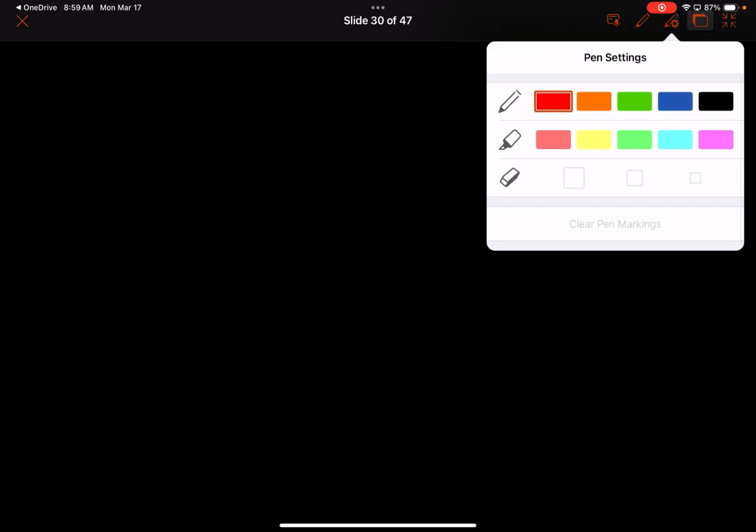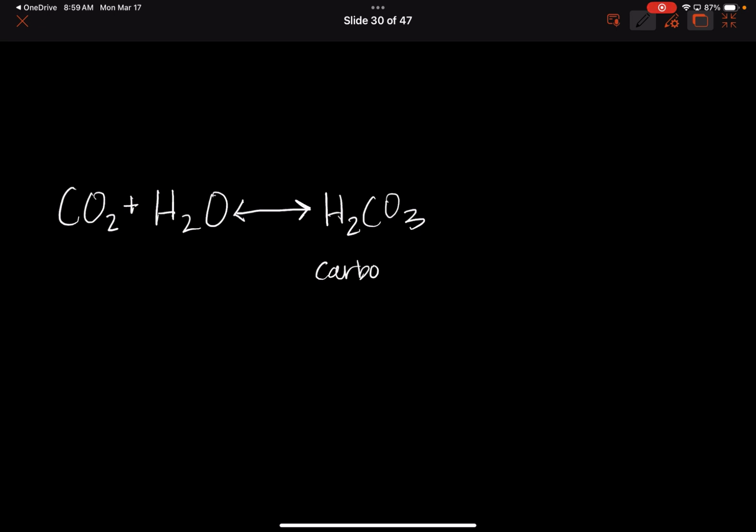I'm going to write it out longer, because having it half and half on two lines doesn't make a lot of sense for what I'm trying to do. So carbon dioxide and water is reversible with H2CO3. H2CO3 is carbonic acid. And this conversion of CO2 to carbonic acid, or carbonic acid to CO2, is actually carried out by an enzyme, and you can put it over the arrow, called carbonic anhydrase.